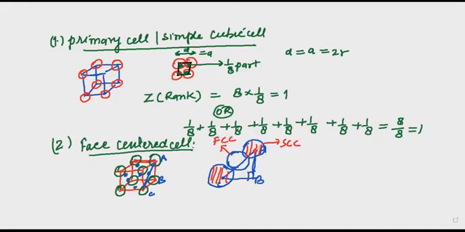And how much is the distance? This is R, 2R, and from this corner to this one is 4R. We know that this edge length is A, this edge length is A, so that one comes as root 2A.